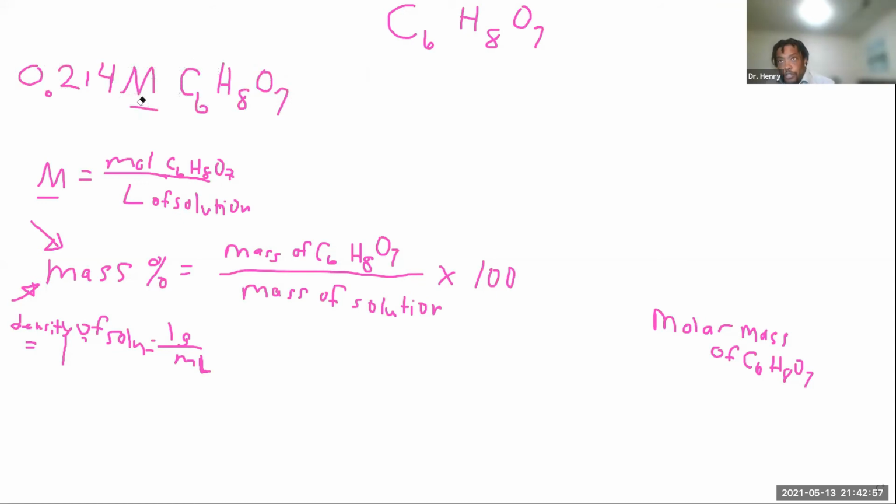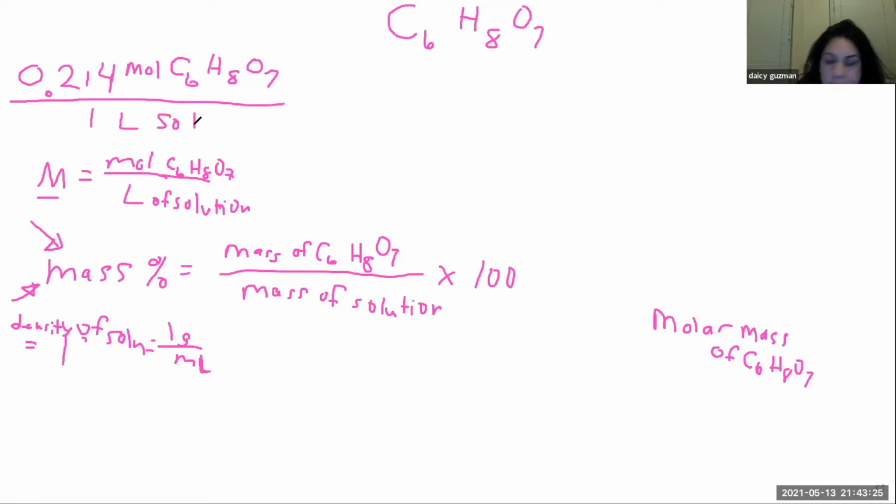I'm going to put moles over 1 liter of solution, times 100. So I get 21.4.